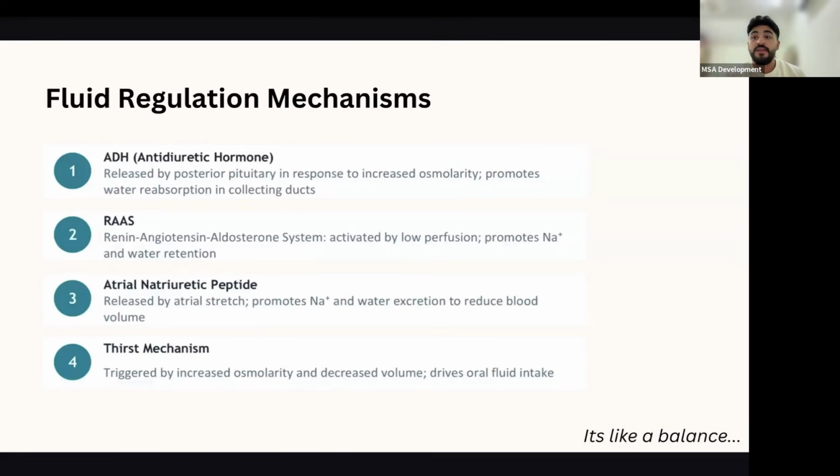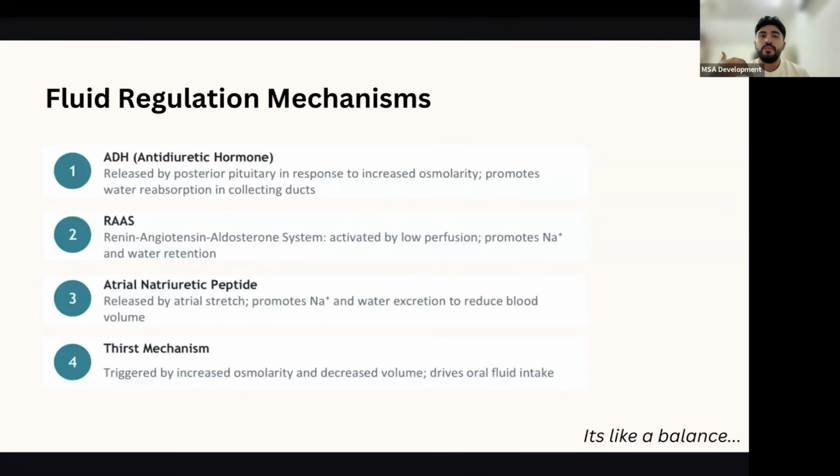Second comes the RAS. RAS is activated by hypotension, low perfusion in your vasculature. So it's going to promote your sodium and water retention, all right? Then you have the ANP, atrial natriuretic peptide, released from the atria and the ventricles when they are overly stretched.